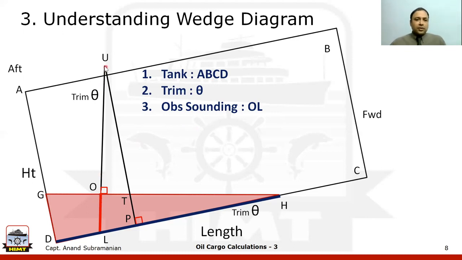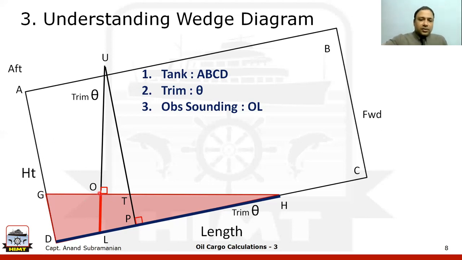So we drop one sounding tape from point U, the LH port, and it goes all the way down, vertical to the oil surface. Remember, this UO or this UL is not parallel to the aft bulkhead. It is perpendicular to the oil surface. The oil surface is always horizontal, and gravity always ensures that this is always vertical. So it is going to form a right angle, meeting the surface perpendicularly at this point, the surface of the level GH.